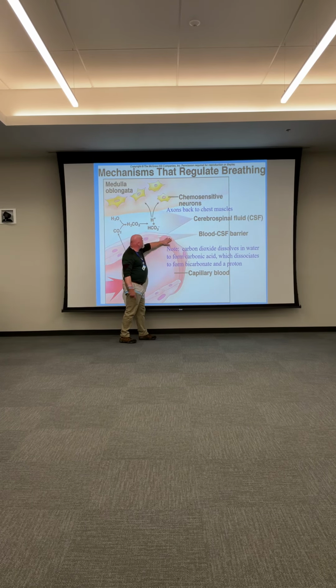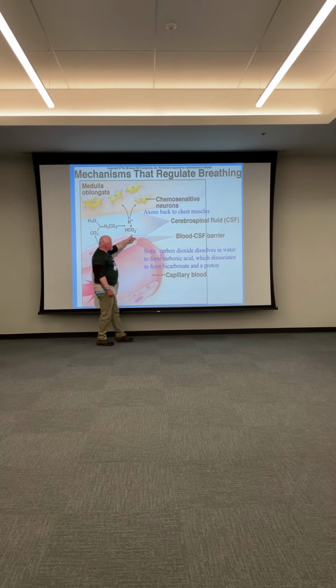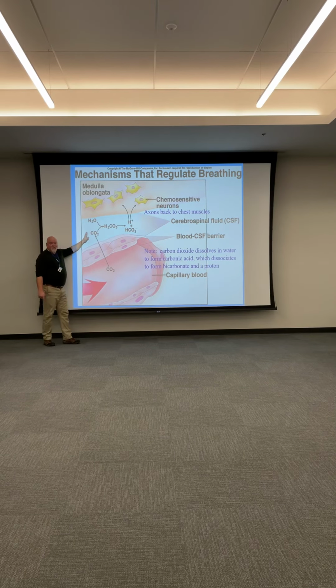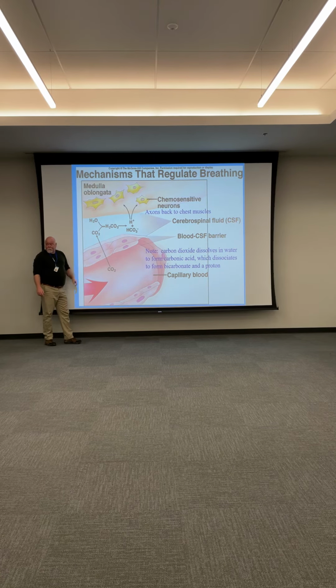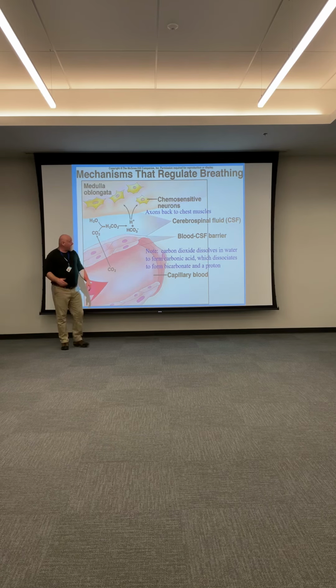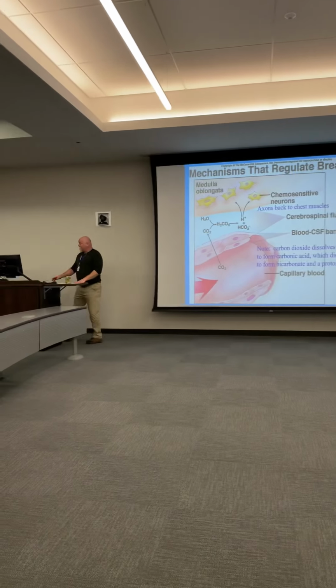It has a place to put hydrogens on, and we can send this back this direction, okay? What is that? That is HCO3 minus, bicarbonate. Okay, it's called bicarbonate. And bicarbonate is a buffer. Yeah. Formed bicarbonate and a proton.